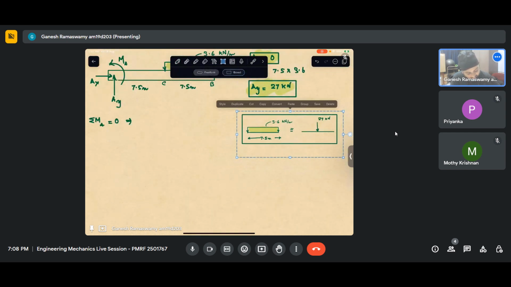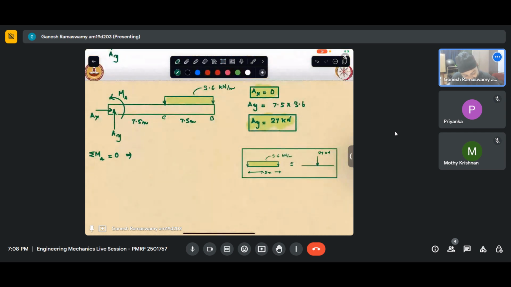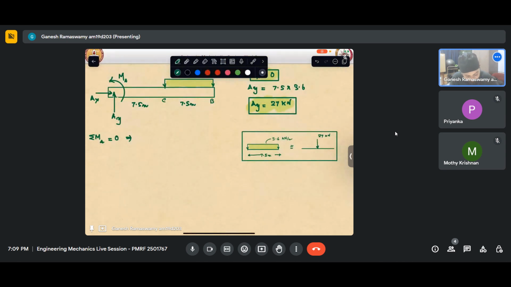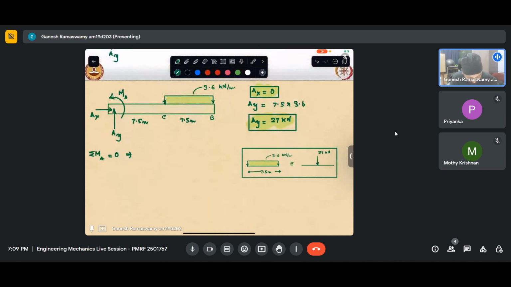Now, if I add up the moments, AX and AY don't have any contribution. MA is applied in the anti-clockwise direction because that is how I have applied it, considering it to be positive. So MA is positive. And then this 3.6 is applied like that. This will create a clockwise couple there.